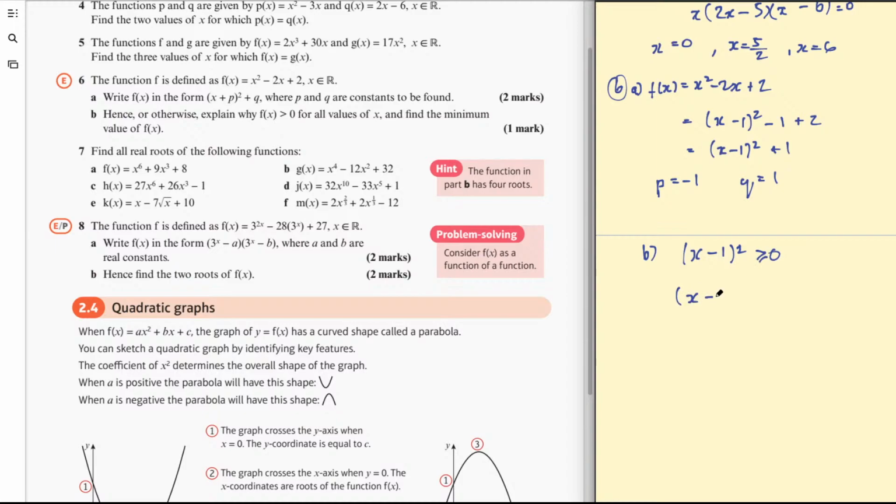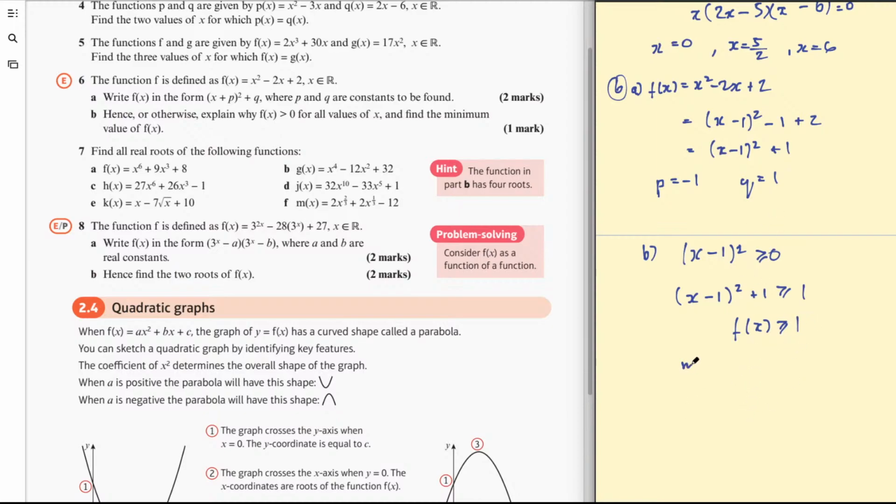So then, (x take 1) squared plus 1, which was f of x, well, we add 1 to both sides, so this must be greater than or equal to 1. Explain why f of x is greater than 0. Well, we've just shown this is f of x here, that was another way of writing f of x. So f of x must be greater than or equal to 1. And then the minimum value clearly is 1.